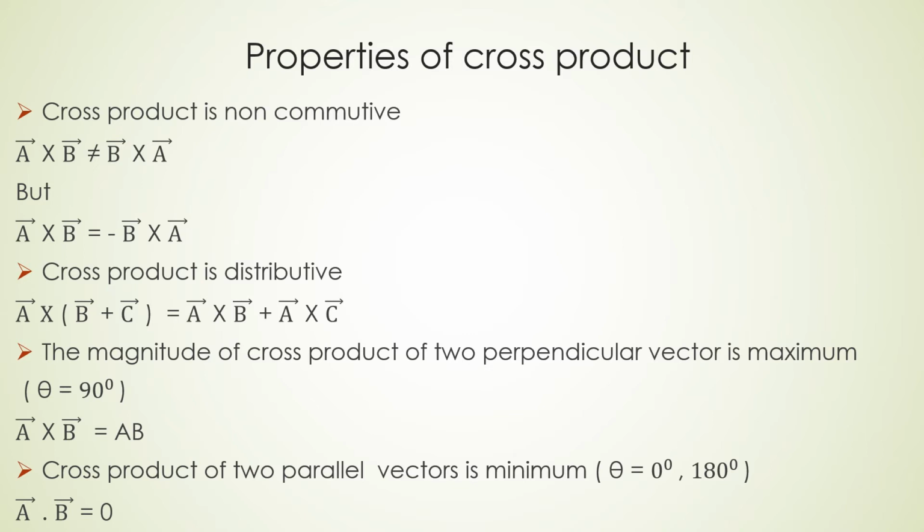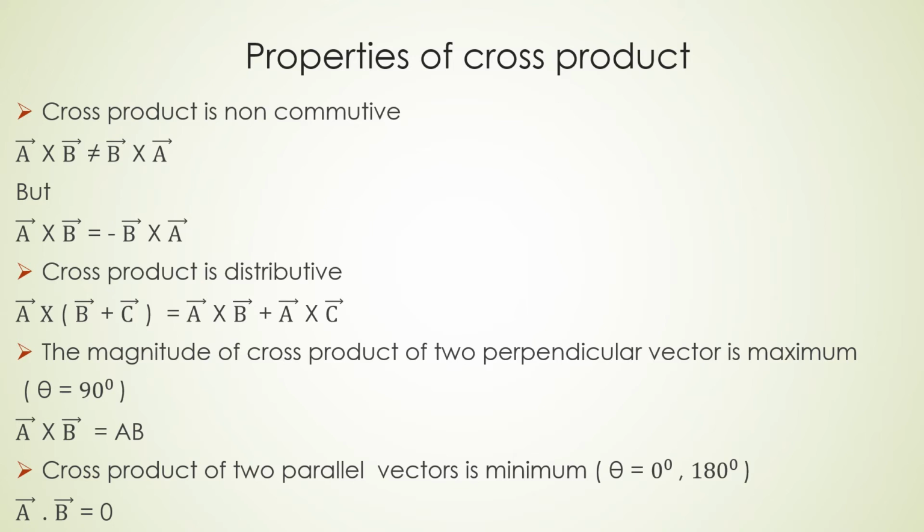Next, the magnitude of cross product of two perpendicular vectors is maximum, where theta will be 90 degree. That is sine 90 is 1. So A cross B is equal to AB, that is maximum.